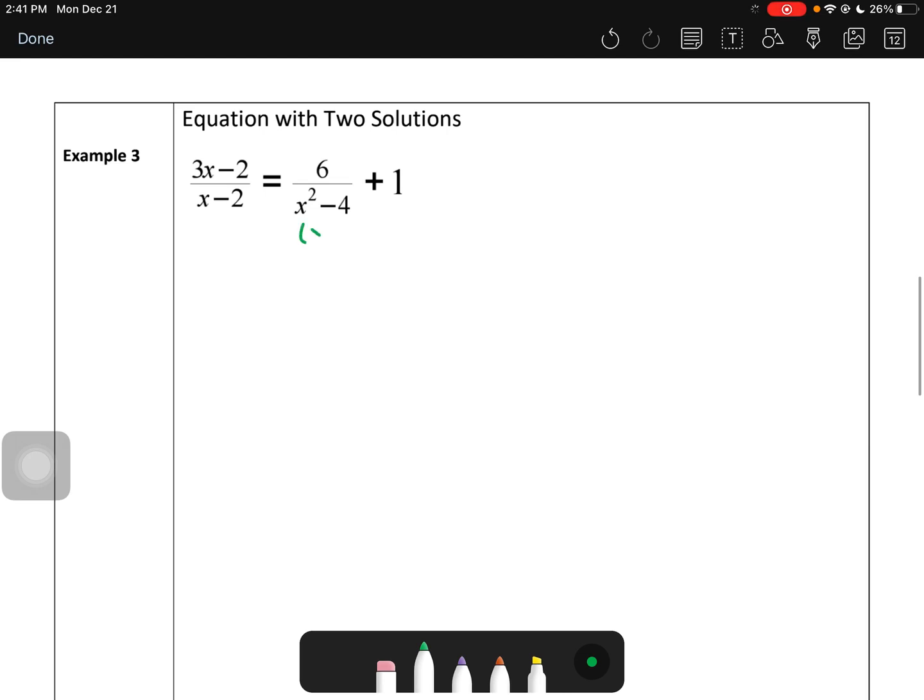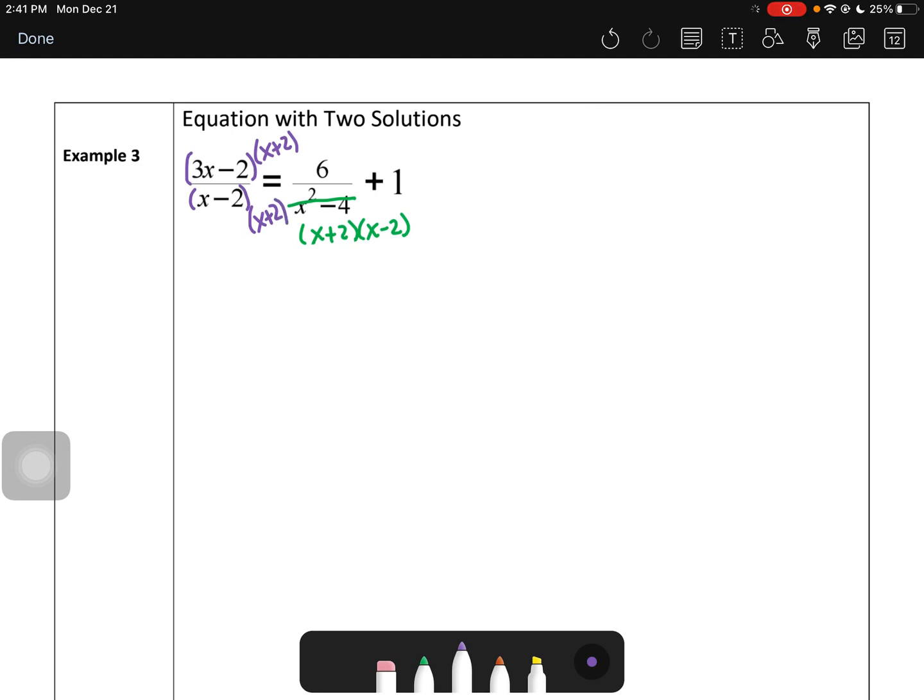All right, in our next example, we have factored denominators. Okay, so it looks like in our first expression, we're missing an x plus 2. So we're going to multiply both the numerator and the denominator by x plus 2.